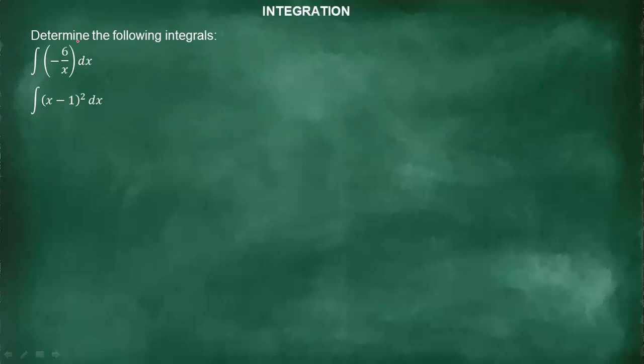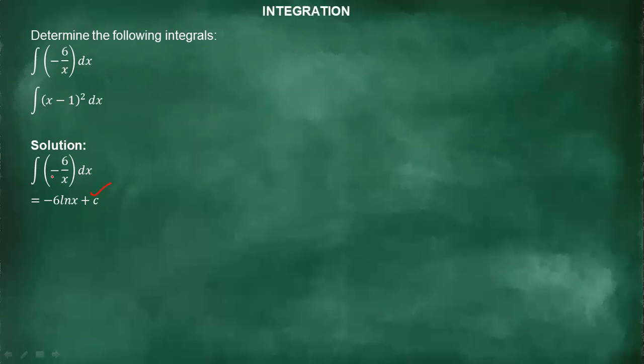Determine the following integral. Integral of -6 over x dx. Let's see how we answer that question. It's going to give us -6 ln x plus c. Don't forget to write this c all the time. When you're working with integration, we always include plus c, all right?